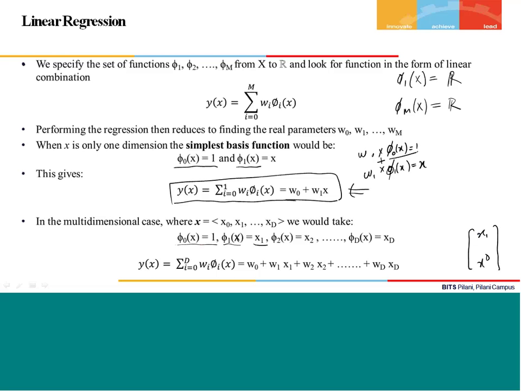So my first basis function returns the first component, my second returns the second component, and my dth basis function returns the dth component only. I multiply the first component by the first weight, the second by the second weight, and the dth by the dth weight, and since phi0(x) equals 1, w0 multiplied by 1 equals w0. So I can represent this in the multivariate, multi-dimension case.